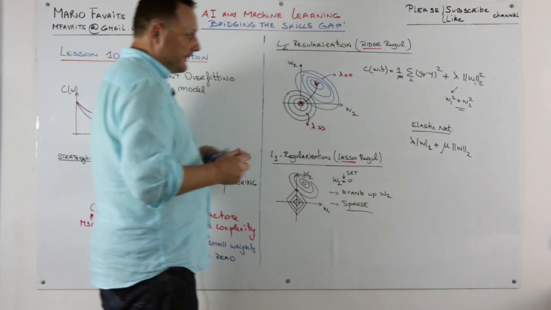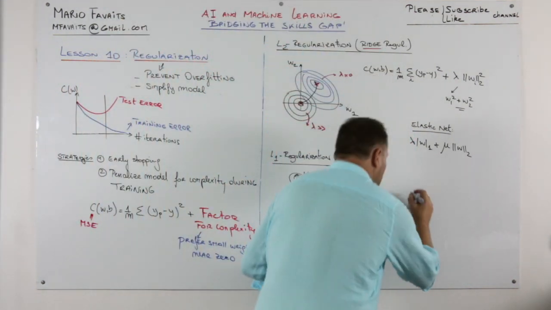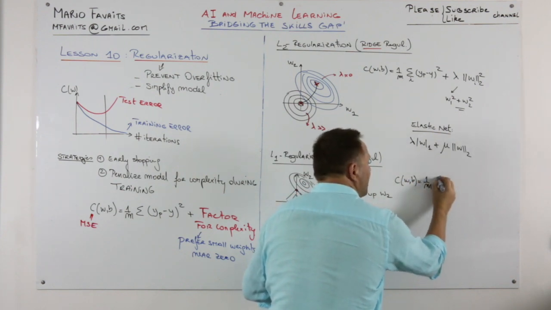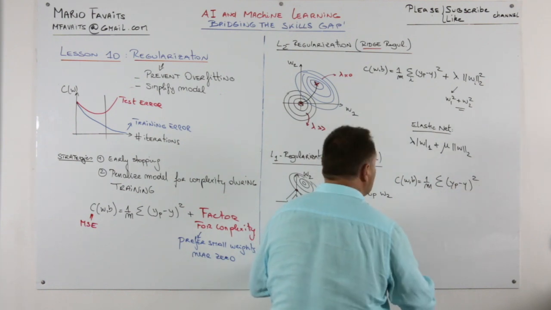Now, here the formula becomes C(W, B) equals 1 over m, we have again that sum of (y_p minus y) squared.